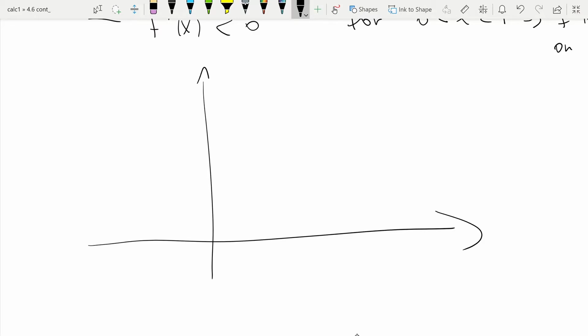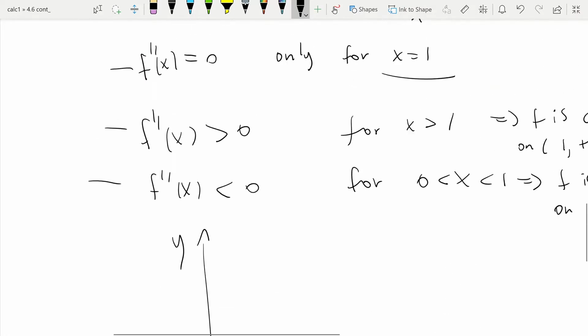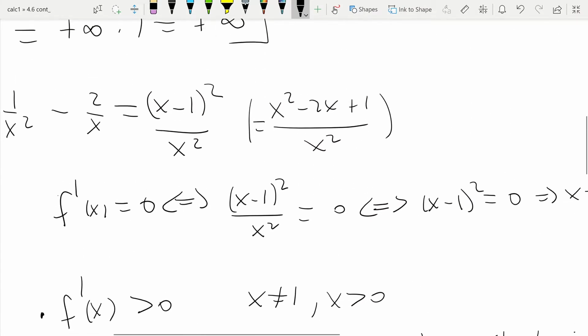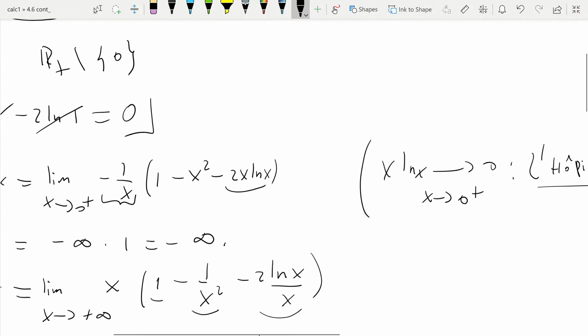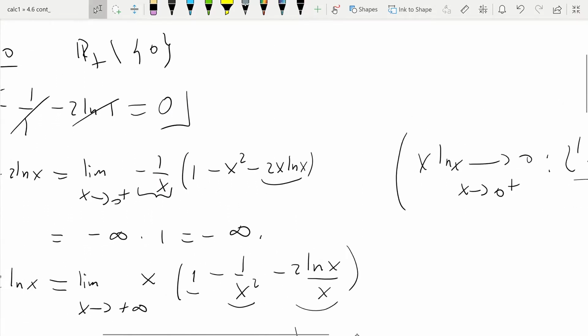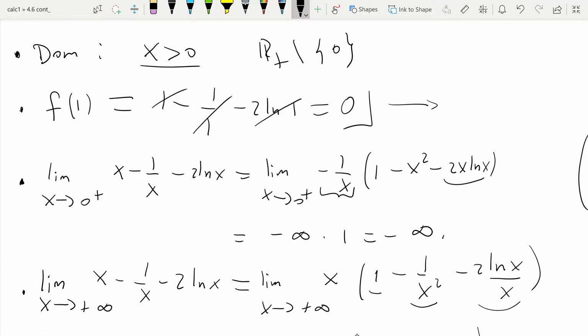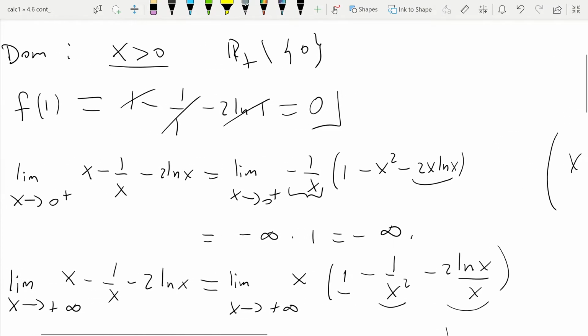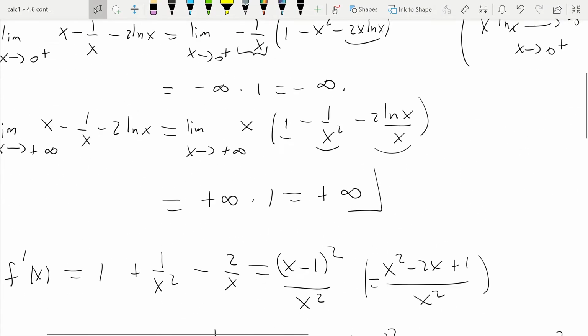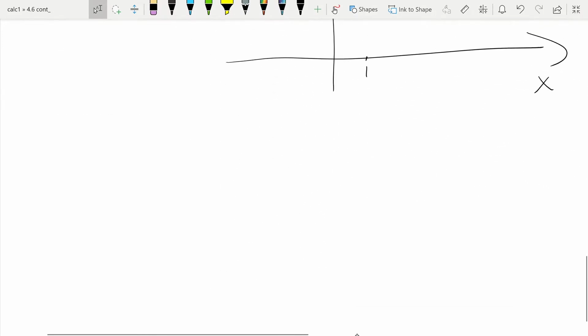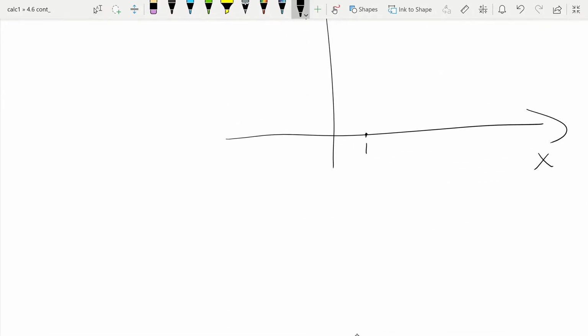So this is the y-axis, this is the x-axis. We know that at 1, the function is equal to 0. We first recorded that at the beginning. Remember, f of 1 is equal to 0. So we need to make the graph pass through 0.